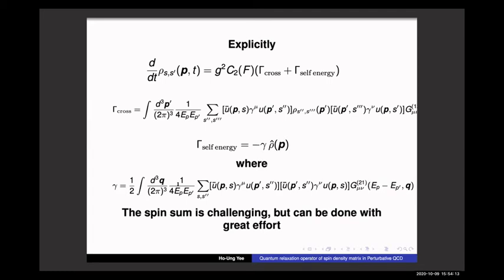In fact, it was the major bottleneck in our work, which took us more than, I think, 6 months, if I remember correctly. But eventually, Ho-Ung found an efficient way of computing this spin summation. So with that great effort, we were able to analytically compute these complicated spinor summations.